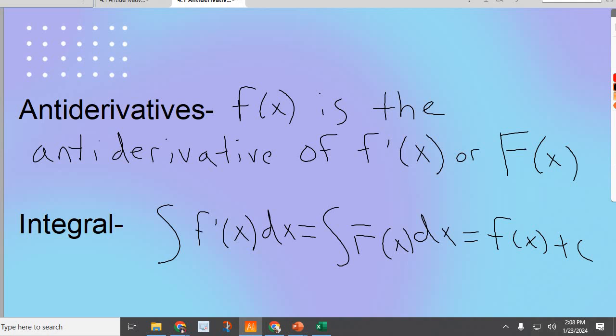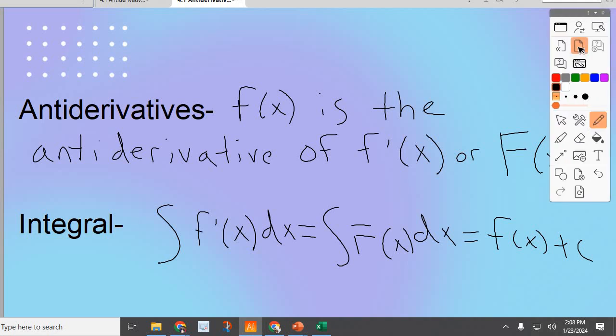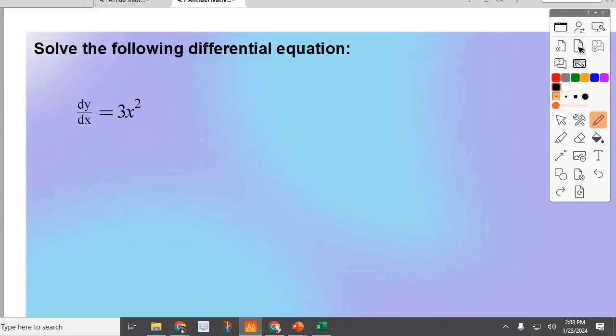So, antiderivatives allow us to go backwards or to undo derivatives. So they actually allow us to now solve differential equations. Let's break that apart. What does differential mean for us? It's a derivative.